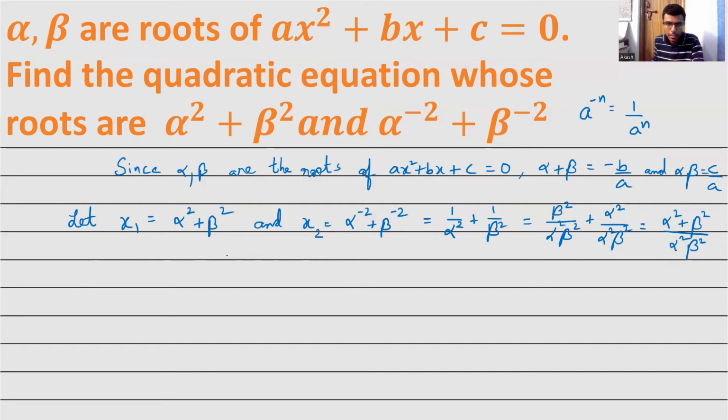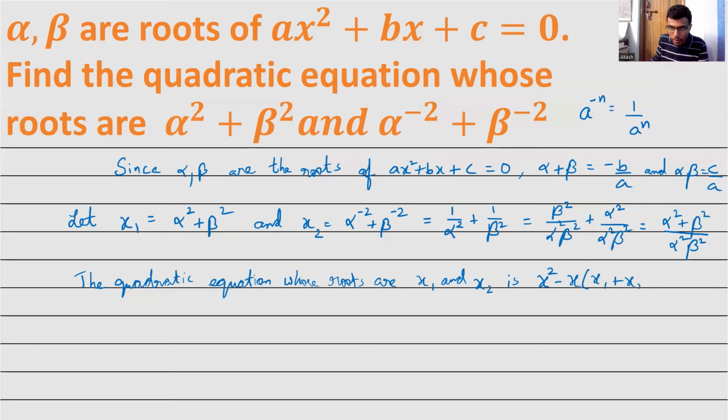The quadratic equation whose roots are x1 and x2 is x square minus x into x1 plus x2 plus x1 x2 is equal to 0.